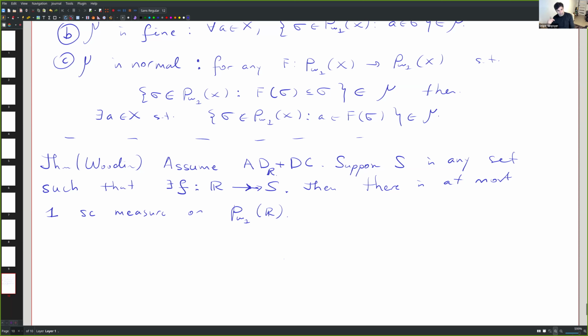Okay, so now what Woodin showed is that if you just assume ZF plus DC, then any ultrafilter you pick, any supercompactness measure you pick, will contain all of these sort of clubs. But then under AD_R, we know that there is such a supercompactness measure, so therefore it should be the unique one, right?